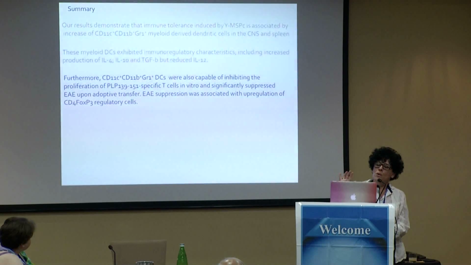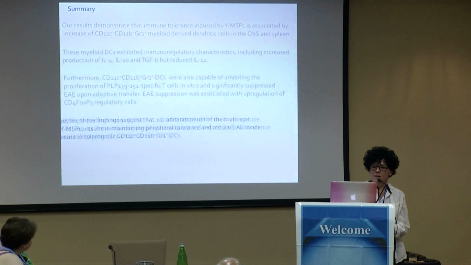Furthermore, we show here that this population was also capable of inhibiting the proliferation of PLP-specific T cells in vitro and significantly suppressed EAE upon adoptive transfer. EAE suppression was associated with upregulation of CD4 FOXP3 regulatory cells.